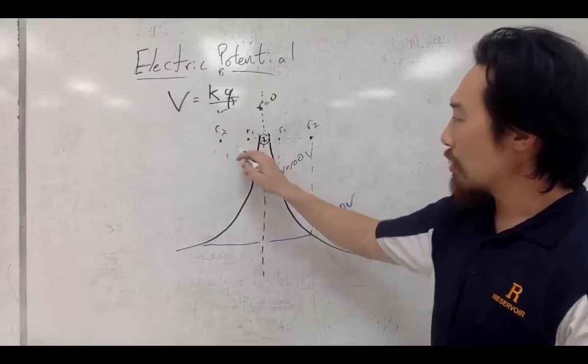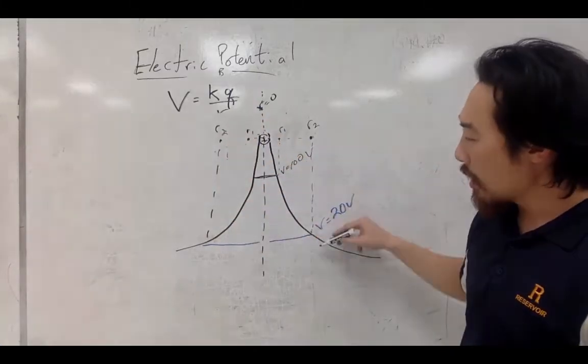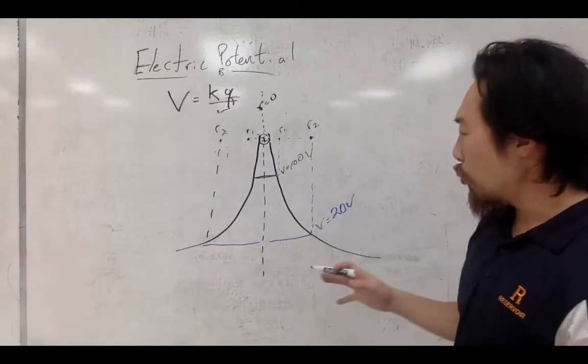Okay, so if this is R2, the electric potential is going to be a little bit weaker.